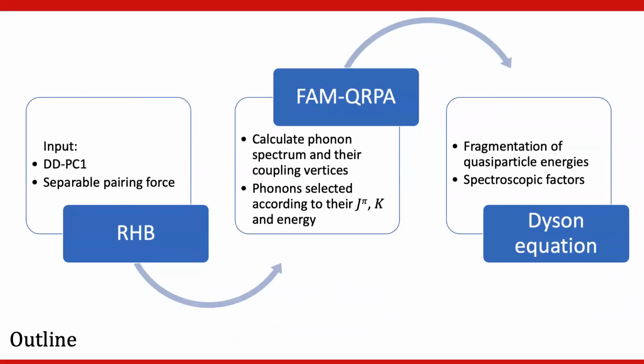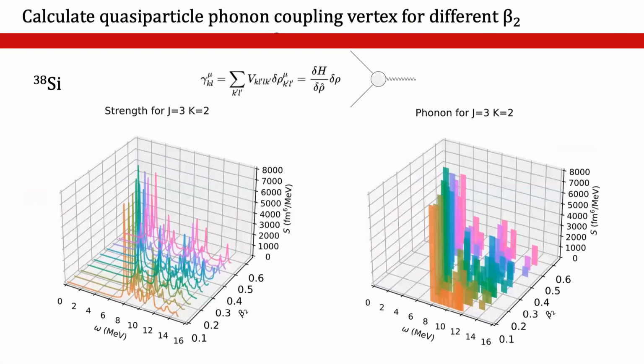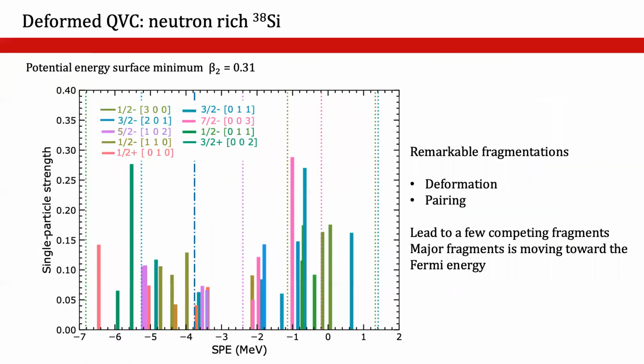And in FAM, most of the spurious states are excluded, but still some remain.